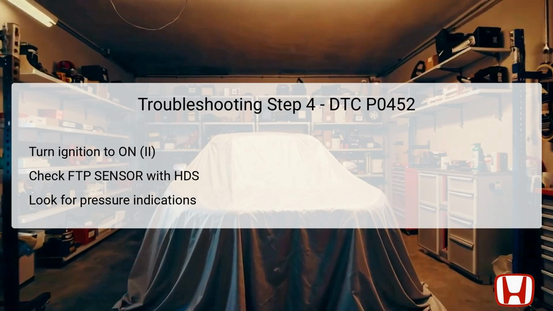These readings are crucial. They inform whether the FTP sensor is functioning within spec or if a fault condition persists. Accurate monitoring of these values can help determine the next steps in the troubleshooting process significantly.